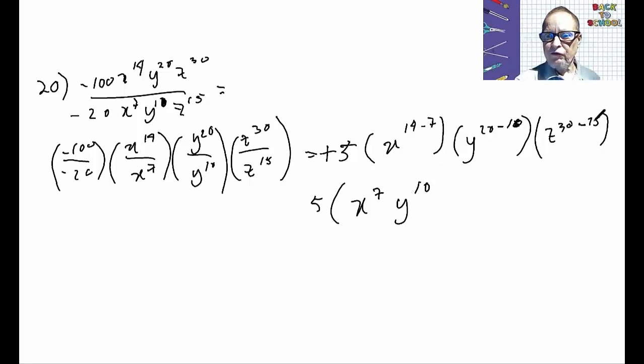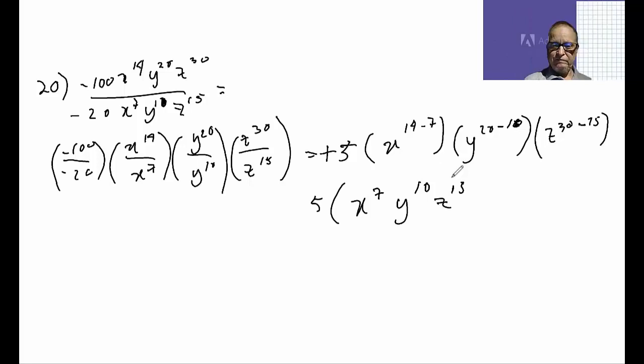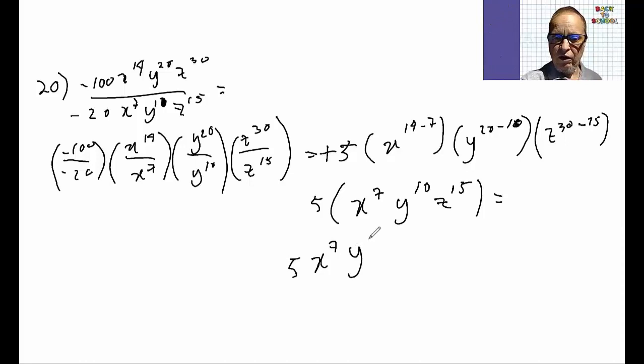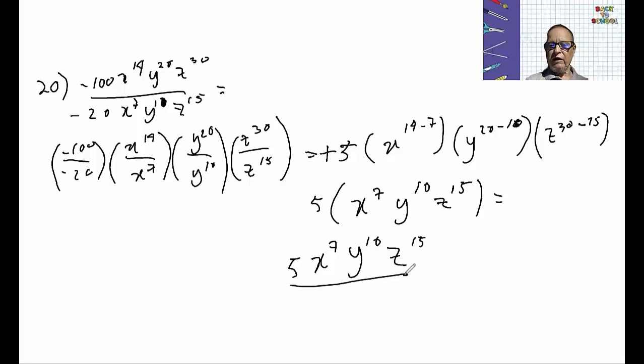And then I get 30 minus 15. And there we have z to the 15 power. And I just write it 5x to the 7, y to the 10th, z to the 15th, and that's my final answer.